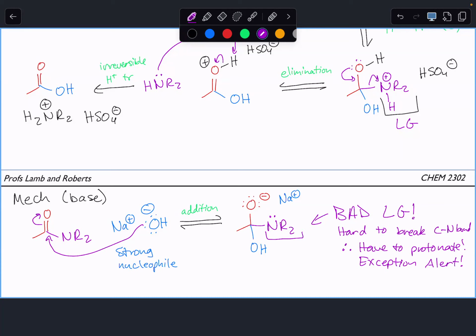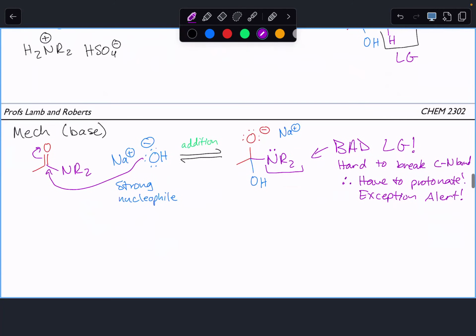Normally, we do not tolerate positive charges in strongly basic media, but in this case, we have to because N minus is just not gonna leave. It's not gonna happen. So we have to protonate it. Unfortunately, we cannot just protonate it first because this guy right here is more basic than our nitrogen. So we actually have to do 2 protonations.